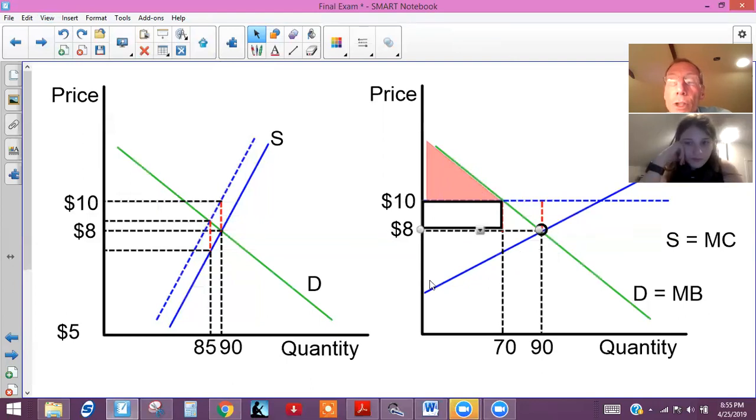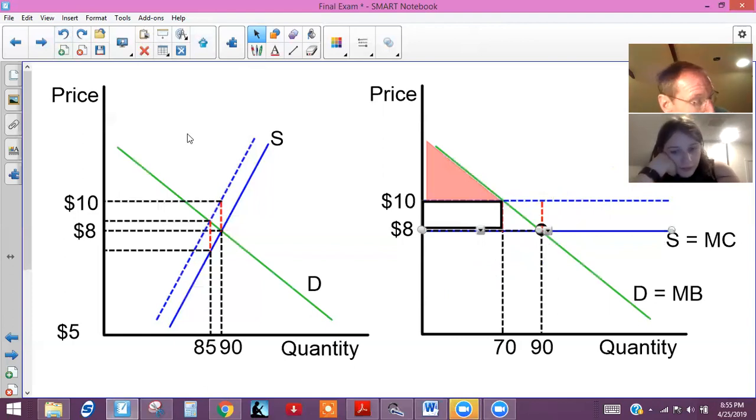Then this triangle right here, before the tax, would be the producer surplus, right there. But since it's horizontal, since it's horizontal, it's 0. Okay, that's the only other thing. If you understand all that, you'll do fine on the free response.